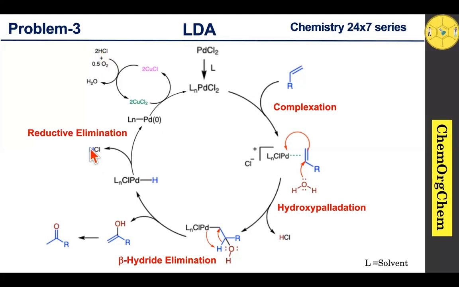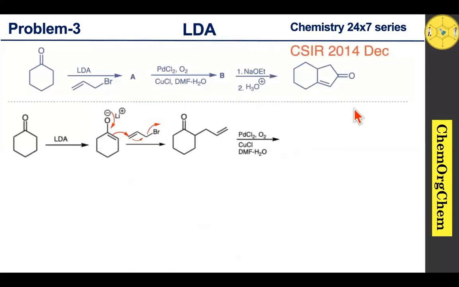Our catalytic cycle already produced 2 equivalents of HCl, and when it reacts with oxygen gas, it produces water as well as copper 2 chloride. This copper 2 chloride converts palladium 0 to the palladium 2 active catalytic form. So based on our Wacker oxidation process, this particular intermediate readily converts into the corresponding alpha methyl ketone.